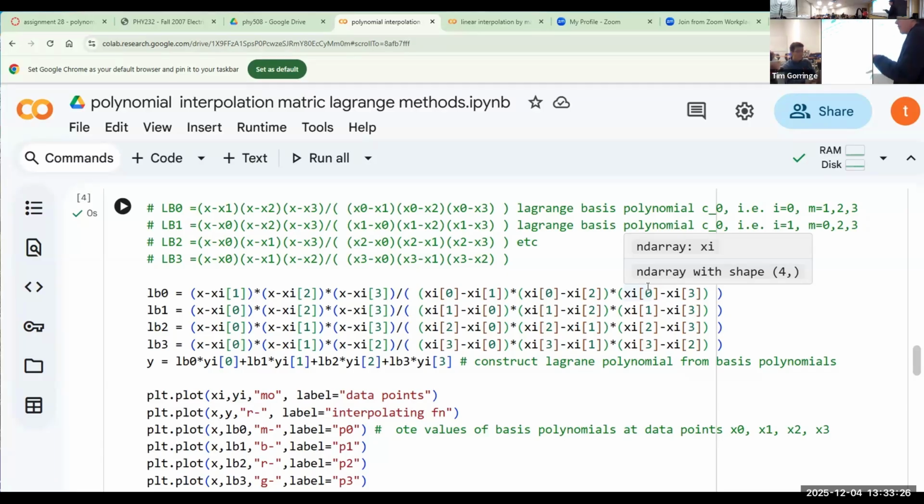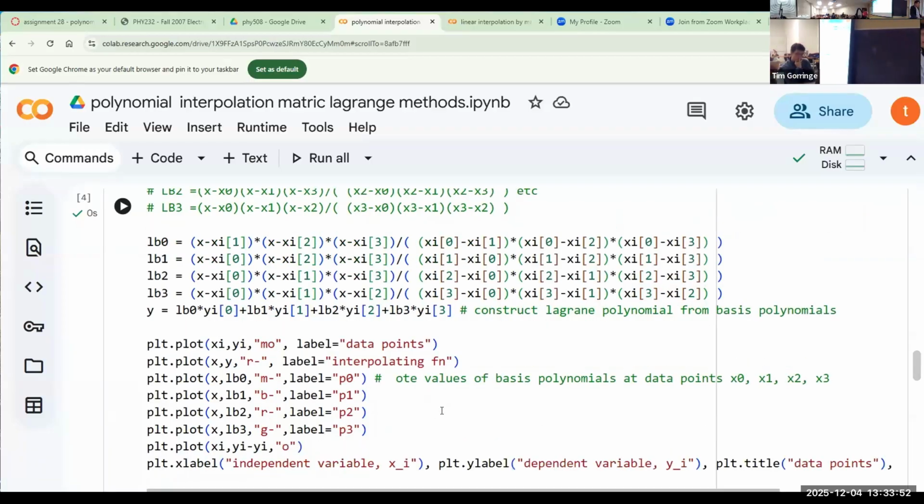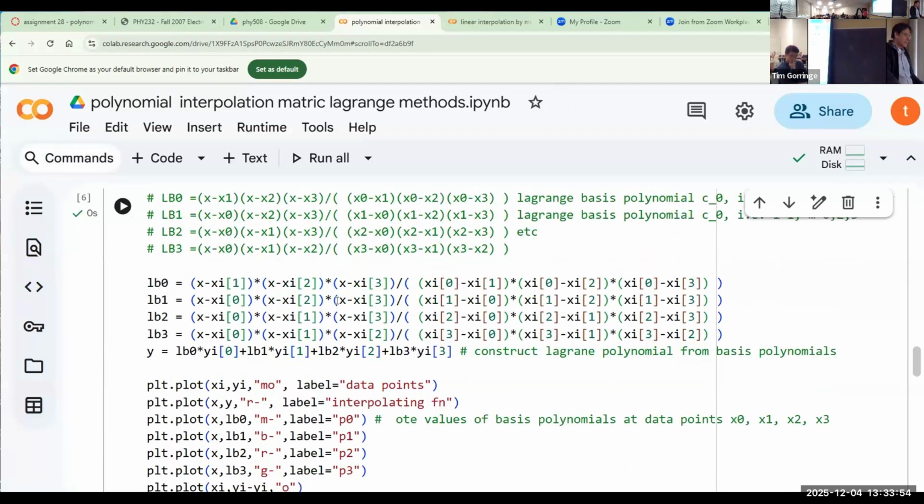But these are functions that are always one at the first or the second or the third data point, and zero at the other data points. So it's a very clever arrangement. Anyway, you construct these, and then once you've successfully built these, it's easy to construct the interpolating polynomial out of a weighted sum of those basis functions, which I did. And then you can plot all that.